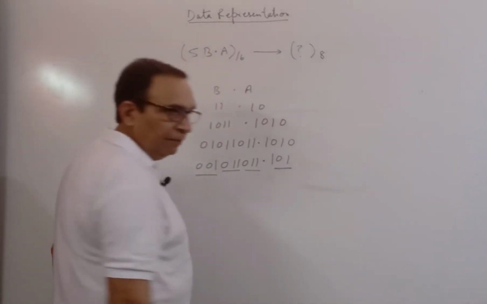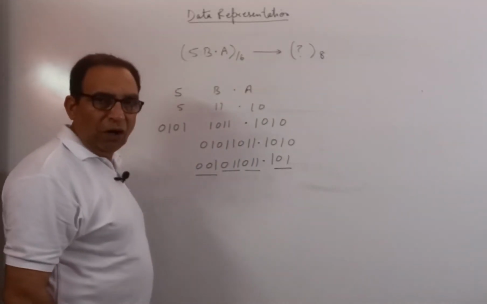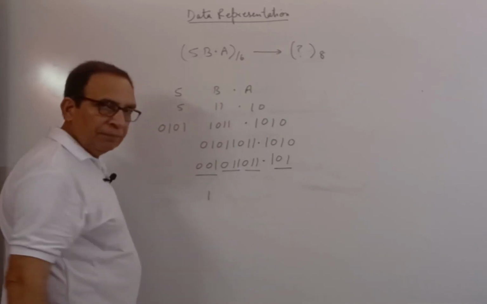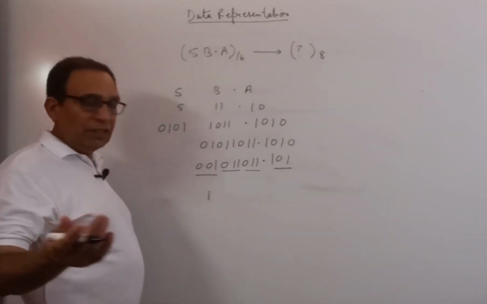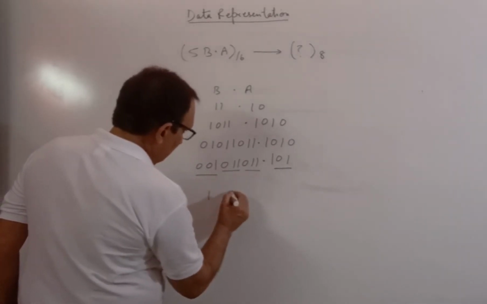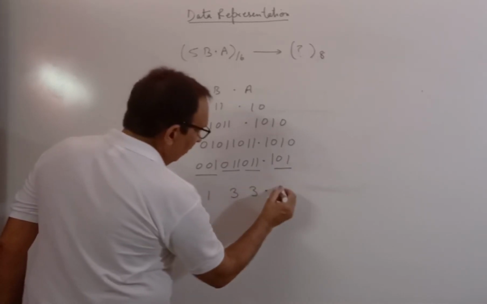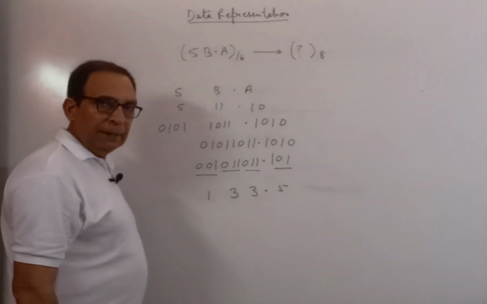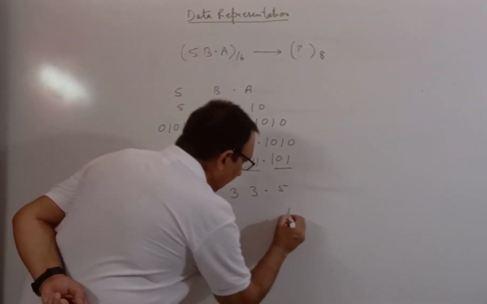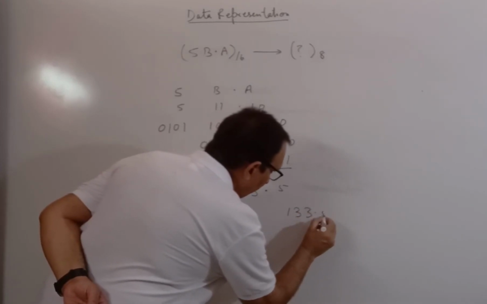These are 3 already. Now convert each group into the equivalent octal number. 001 in octal is 1. This conversion again you have seen before, and 011 is equal to 3. This is the same 3, and 101 is equal to 5. So putting these digits together, you are getting 133.5.